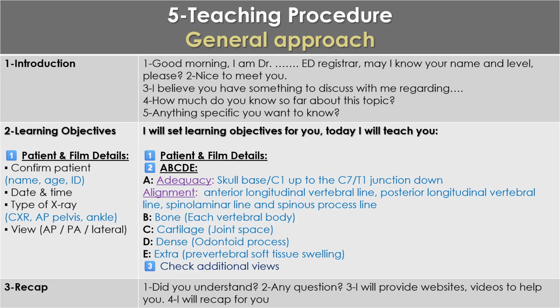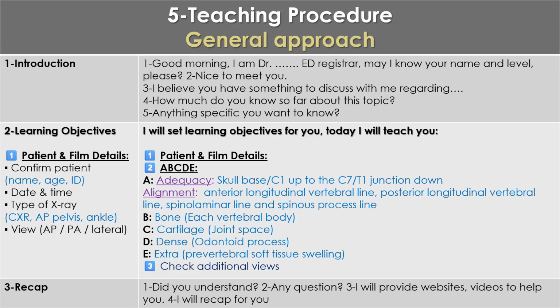CT scan for what? If there is any missed fracture, it cannot be picked up on the X-ray, sir. CT scan if the X-ray is normal but there is a high mechanism of injury.